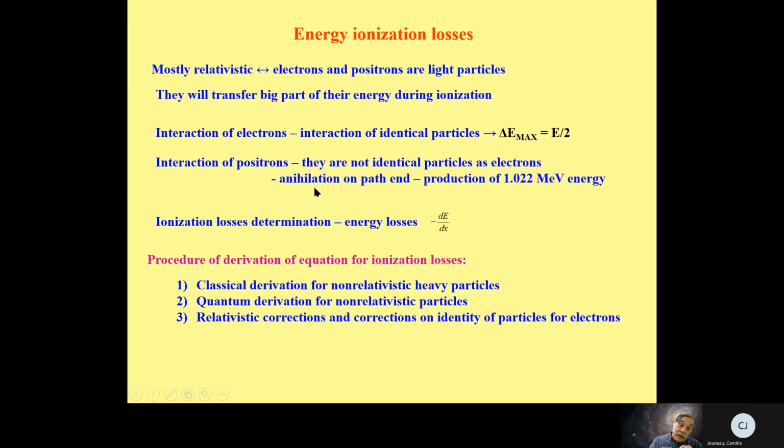There is some probability of annihilation also in flight, that means during this movement, but this probability is very small. Most positrons annihilate only at the path end. In this case, the annihilation will be at rest.